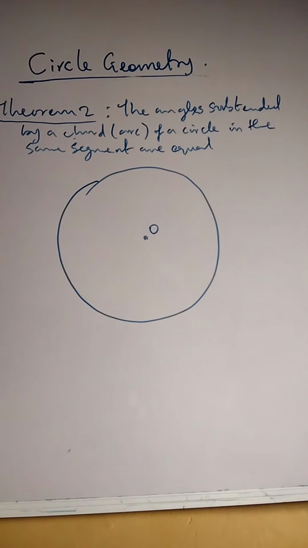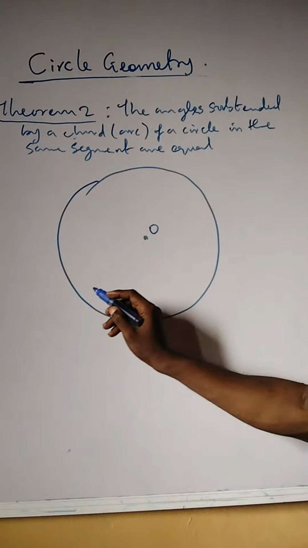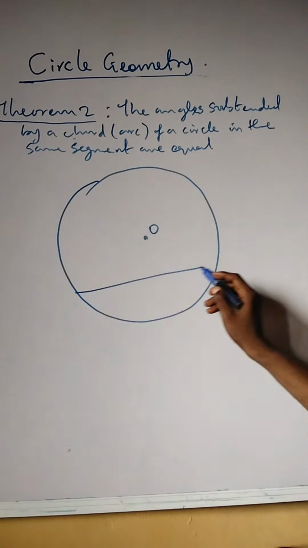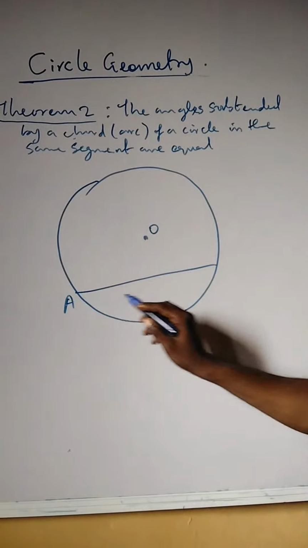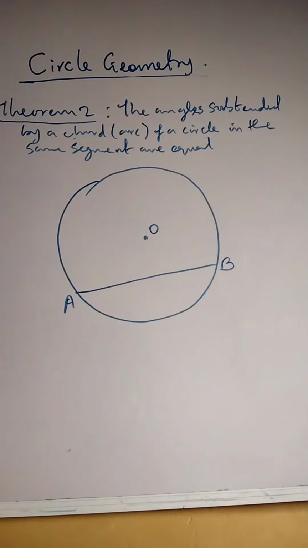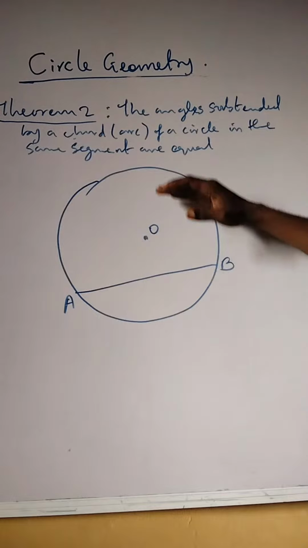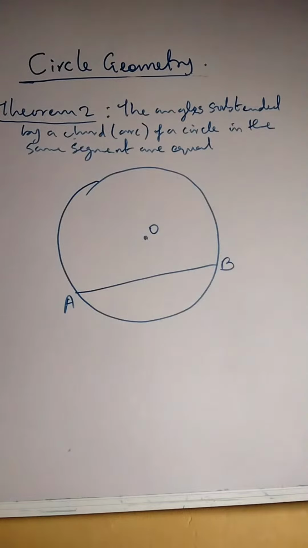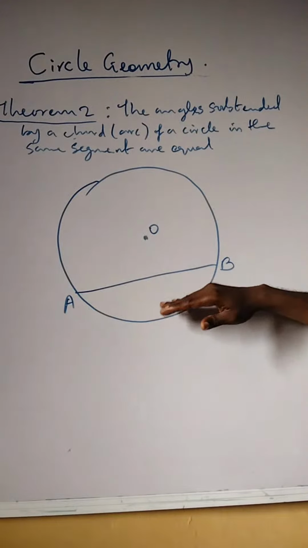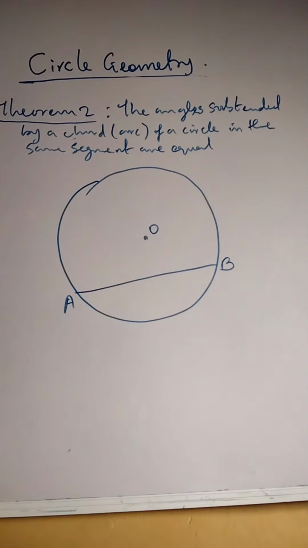In this case, we can still make use of a chord. This is a chord. We can label it as AB. This chord has divided the circle into 2 segments. We have this segment up here and the one down here. This one down here is the minor segment and the one up is the major segment.